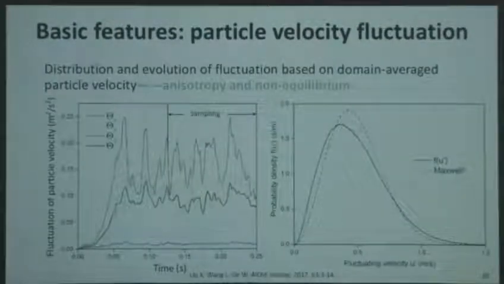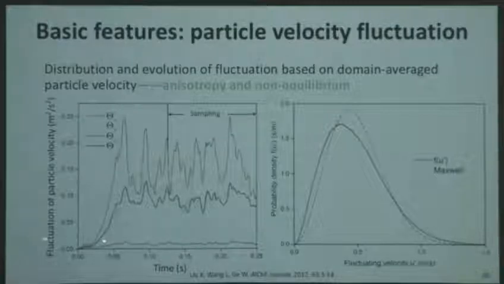Then you can understand its fluctuation in the velocities. There is obvious anisotropic behavior. These granular temperatures in different directions are quite different, and their fluctuations are also different. Our sampling starts from the steady state.